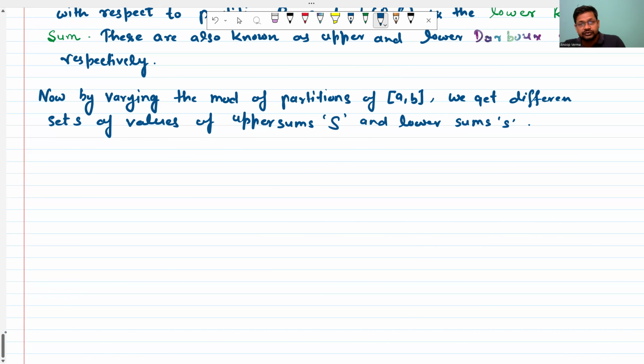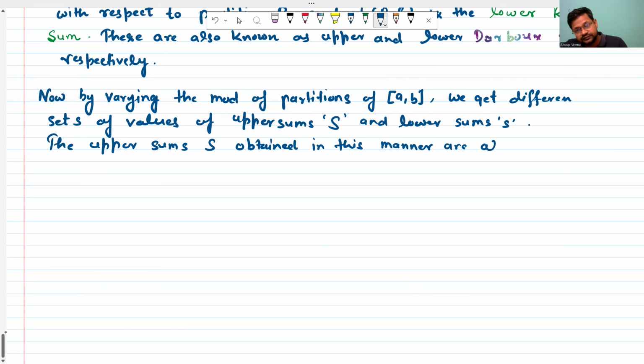Okay, so the upper sums capital S obtained in this manner are all bounded.